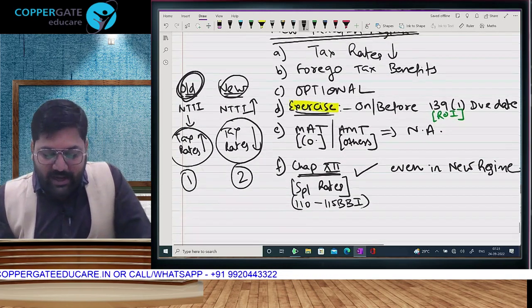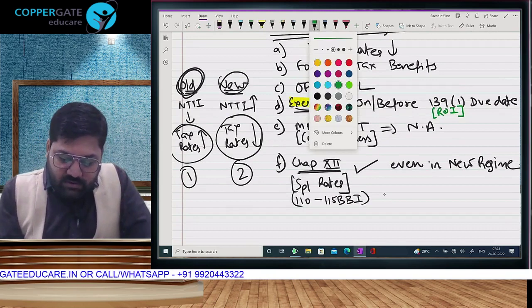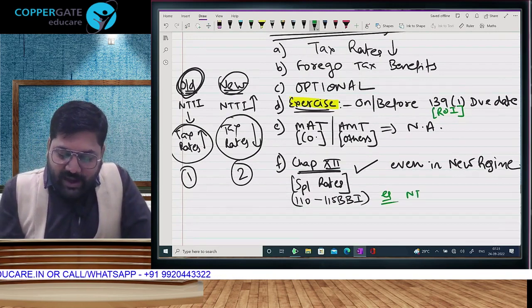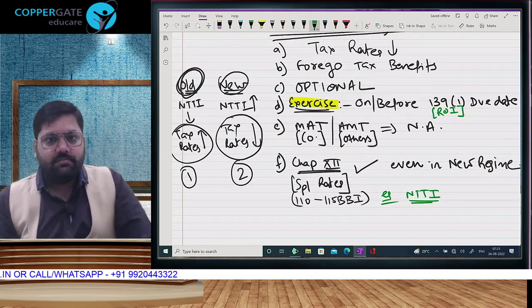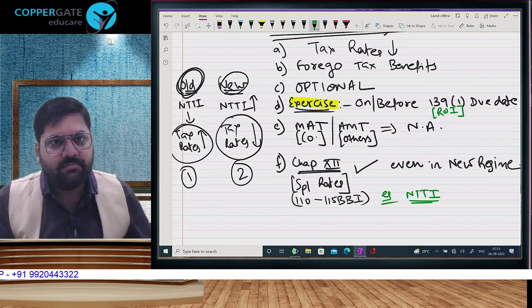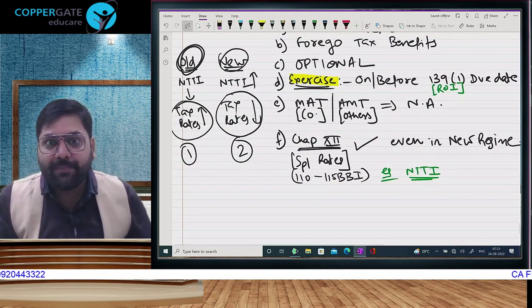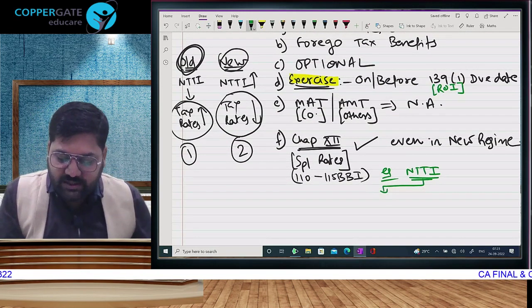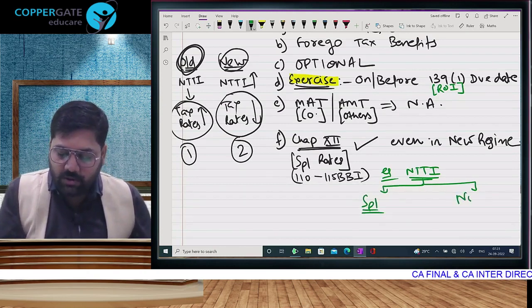In other words, see, I'll explain with an example. Example samjho. Supposingly you have calculated your net taxable total income. That's the income on which you have to apply tax. You have an option of old regime or new regime. But before you apply that, you will have to first separate your income into special income or normal income.